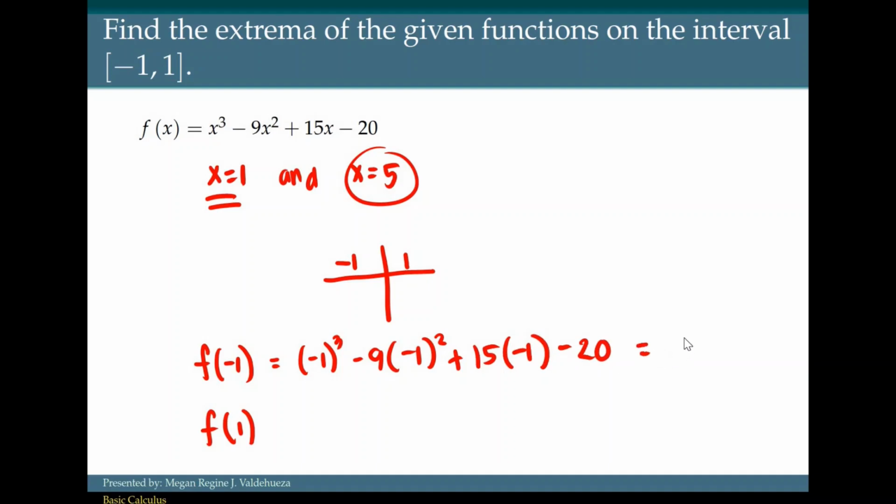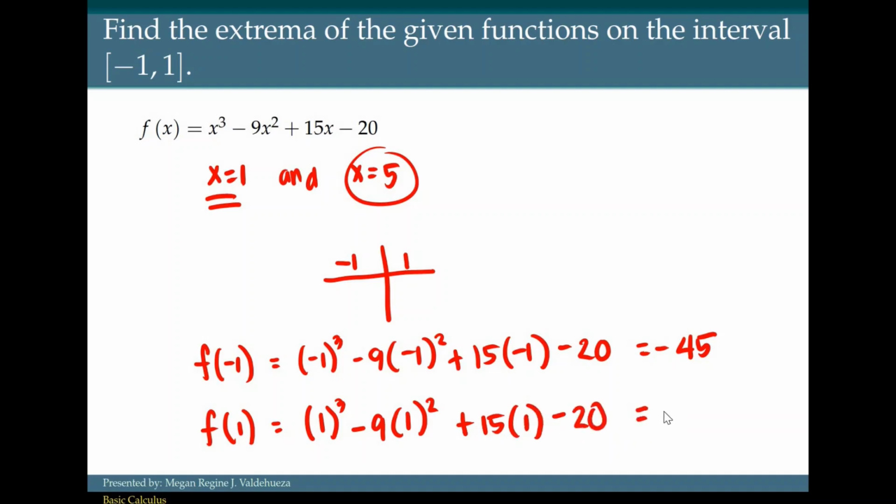That will give us -45. So when x is equal to 1, we have 1 cubed minus 9 times 1 squared plus 15 times 1 minus 20. And that is equal to -13.